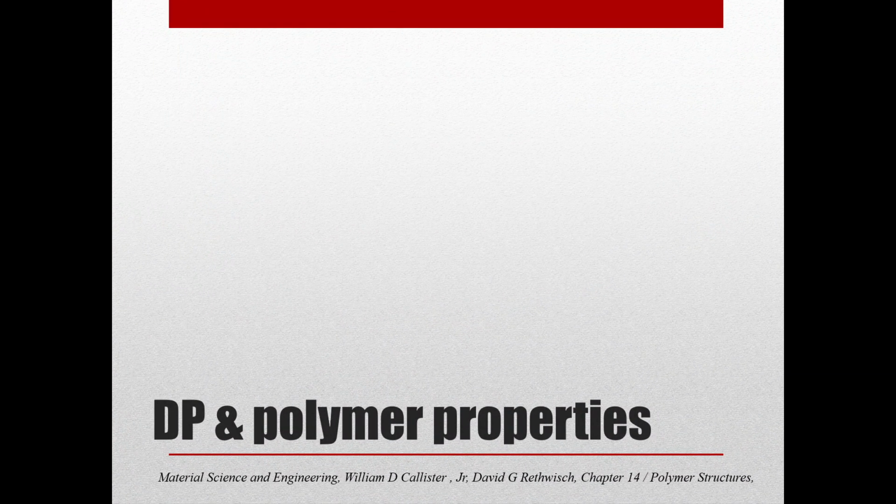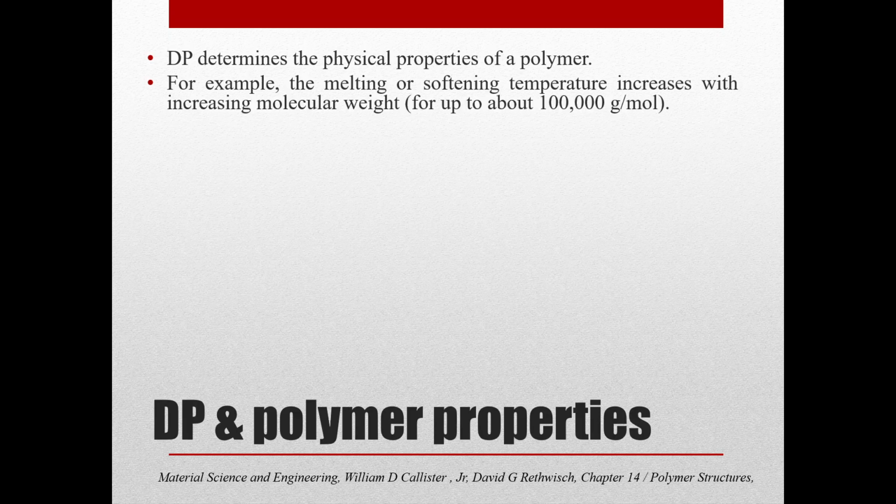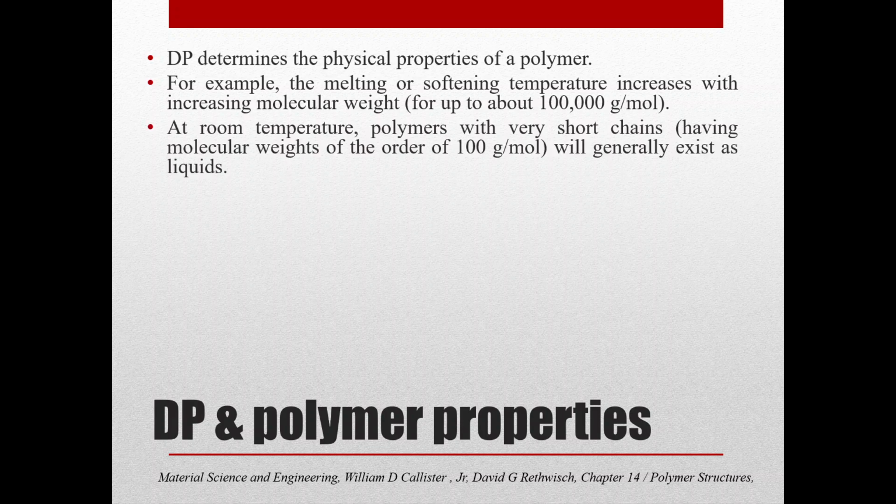So how are the degree of polymerization and polymer properties really related? We shall see that. dP determines the physical properties of a polymer. For example, the melting or the softening temperature increases with increasing molecular weight, for up to say 1 lakh grams per mole. So, as the molecular weight increases, the melting point also tends to increase.